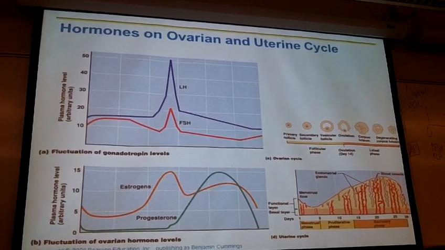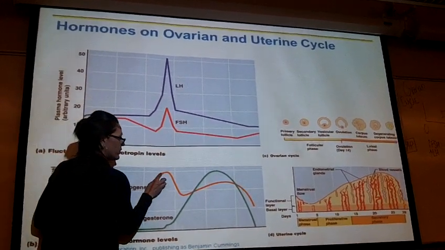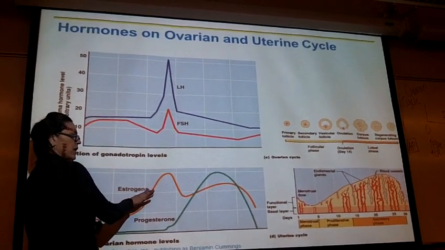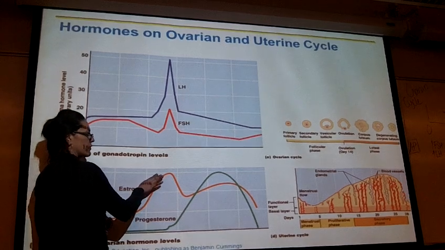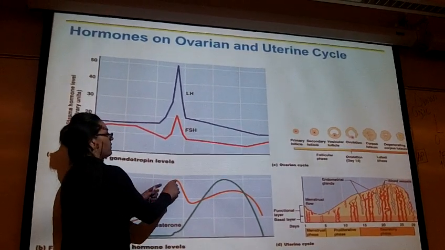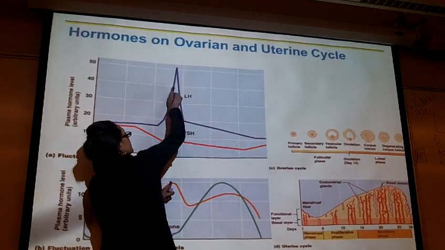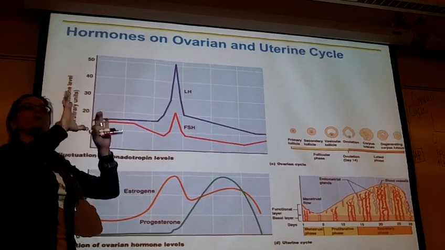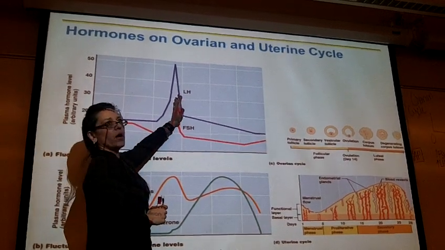Once estrogen reaches this threshold value, and you can see estrogen values are rising from those maturing follicles, then it's going to cause the anterior pituitary to release FSH and LH in a gush. That's going to trigger ovulation.